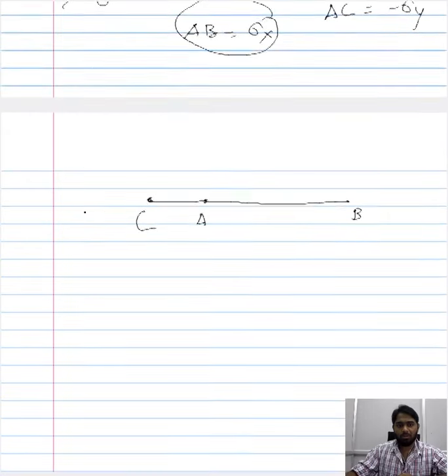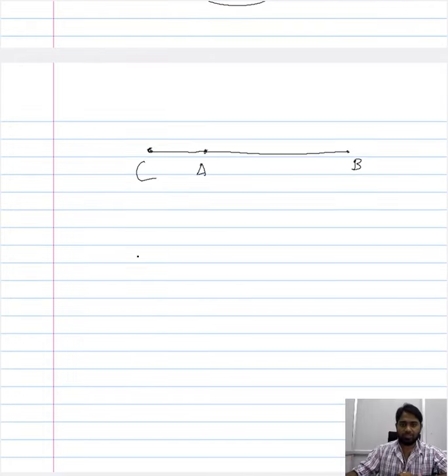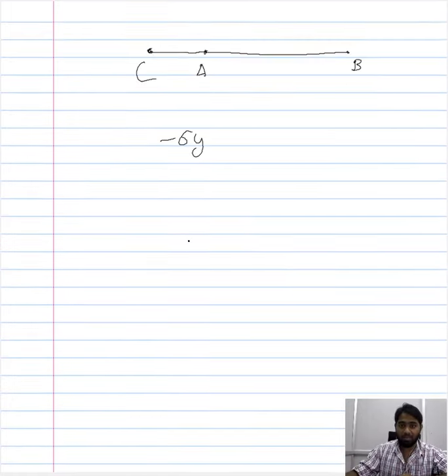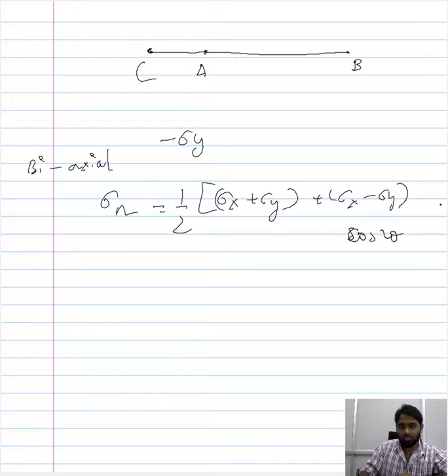Before constructing any further graphical points, let us see how our initial expression changes when you have a negative sigma y. We have already derived a set of expressions for the biaxial tensile condition. We have an expression for normal stress, which is 1/2 (sigma x + sigma y) + 1/2 (sigma x minus sigma y) cos 2 theta.